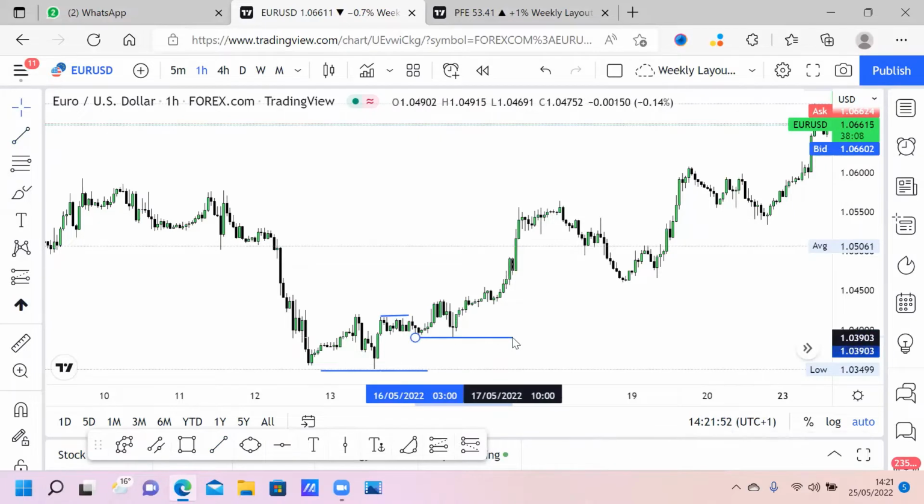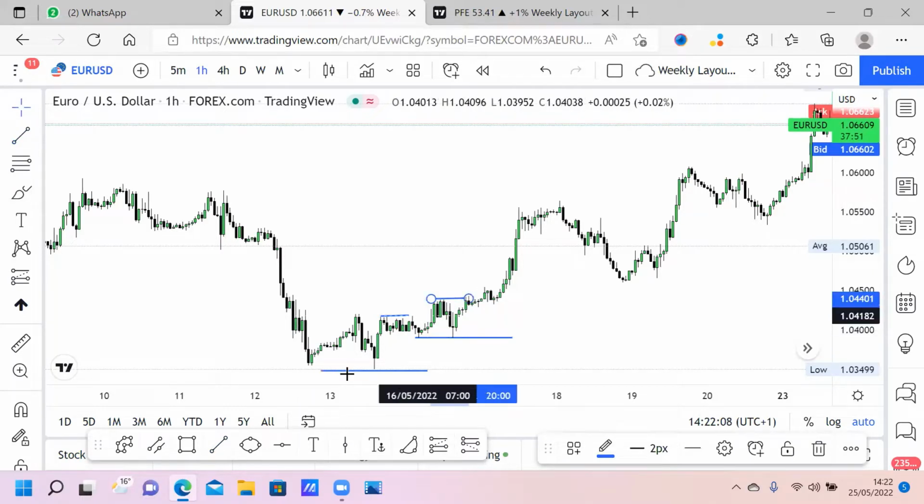What this means is it made a higher high, but according to this low, it's a higher low. Now it made a higher high again. So this is telling you the trend is going up.